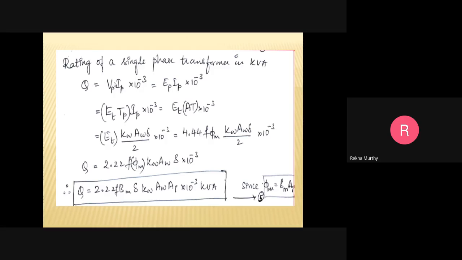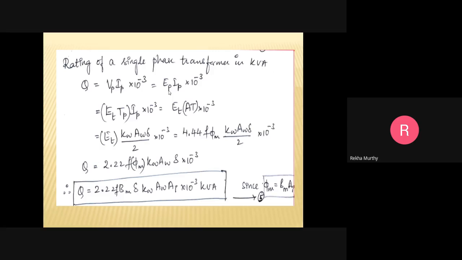In that first formula, what have you written? The EMF equation of a transformer. What is that? 4.44 F into psi m into N1. N1 is changed to TP, that is, the number of primary turns. So it becomes 4.44 F into psi m into TP, which is equated to EP. Okay? Don't write anything now, just concentrate on the prerequisite formula and listen to me. So EP is equal to 4.44 F into psi m into TP.